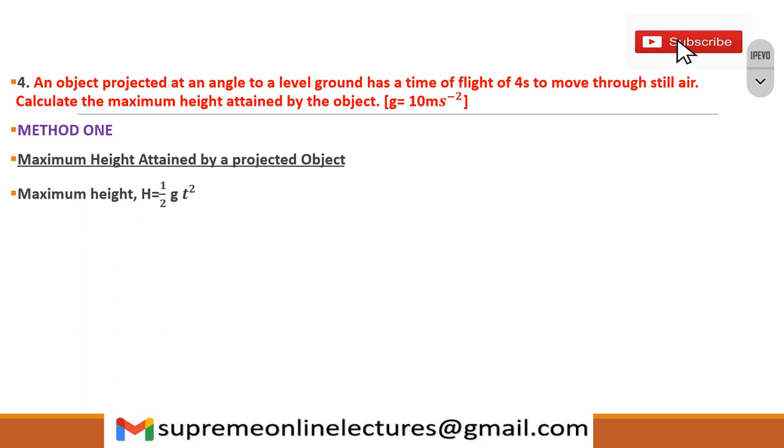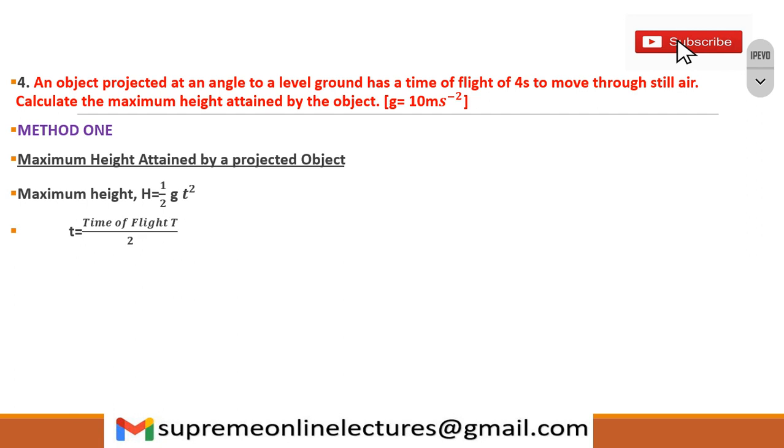That's one portion of the journey, but we were given the time of flight, which is the time for the projectile to get to the highest height and then come back to the ground again. So for us to obtain t, we have to divide the time of flight by 2.